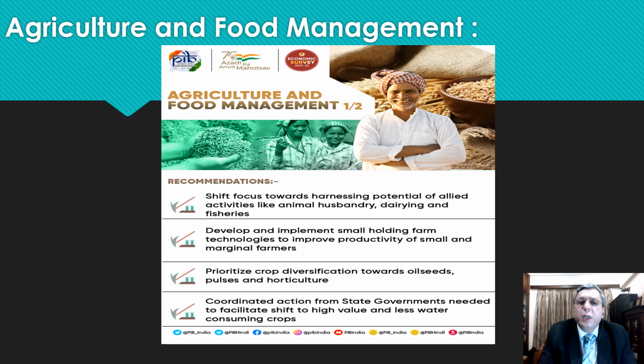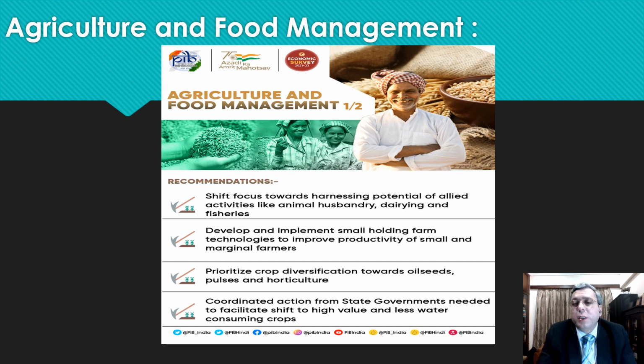Coming to agriculture and food management, the focus is towards looking at allied activities like poultry farming, animal husbandry, dairy, fisheries. Develop and implement small holding farm technologies to ensure we improve the productivity. Prioritize crop diversification. What we need is oilseed production to go up because that's a big import basket for us.